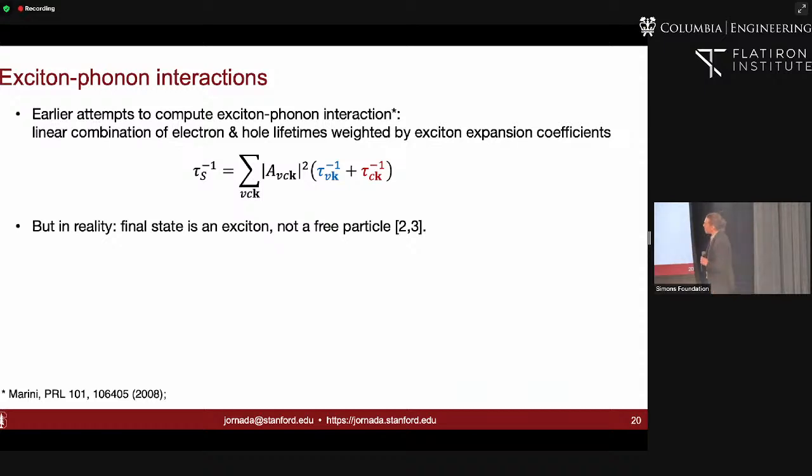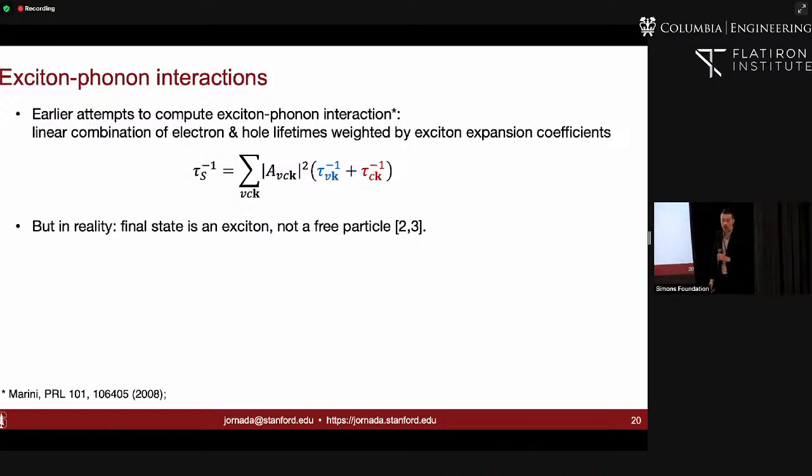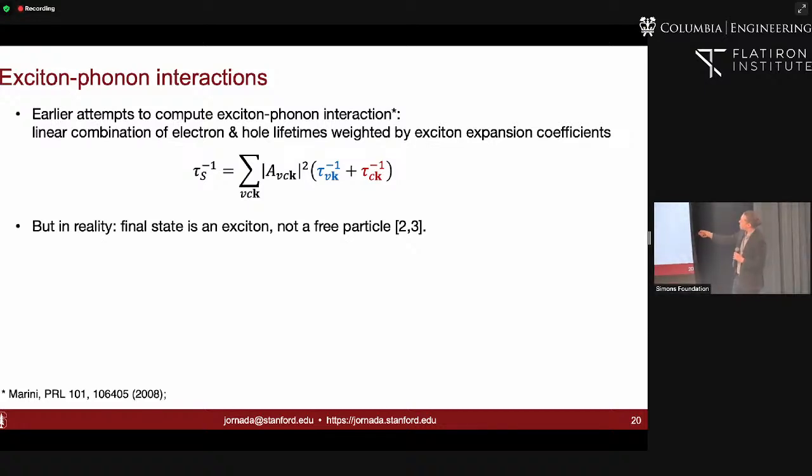But it turns out that the expression that was more rigorously derived recently is more complicated. And the reason is that in an expression like this, you're actually mixing the final state. The initial state is an exciton, the final state is a free electron. But in reality, the lifetime of an exciton due to phonon interaction is that you start with a coherent excitonic state, you scatter with a phonon, and your final state is still an exciton.